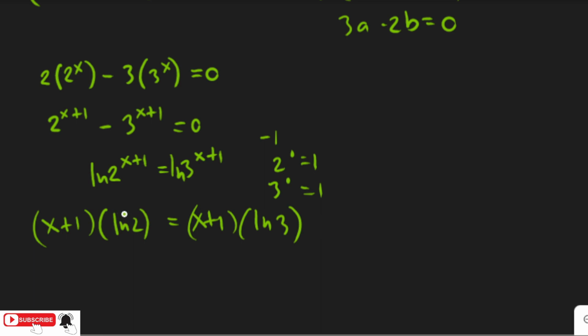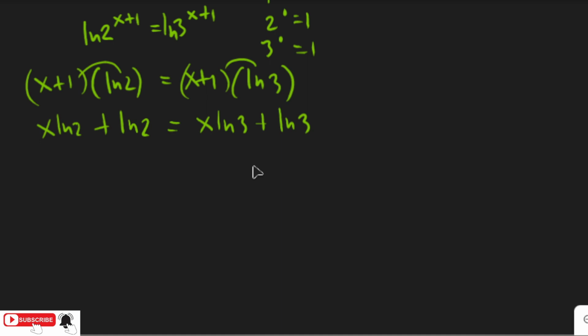So distribute: x ln of 2 plus ln of 2 is equal to x ln of 3 plus ln of 3. And then we have x ln of 2 minus x ln of 3 is equal to ln of 3 minus ln of 2.